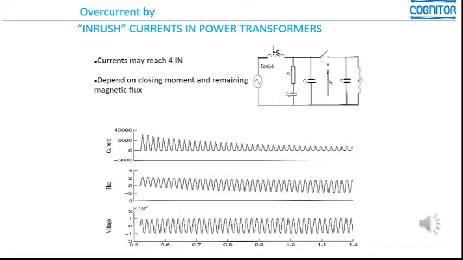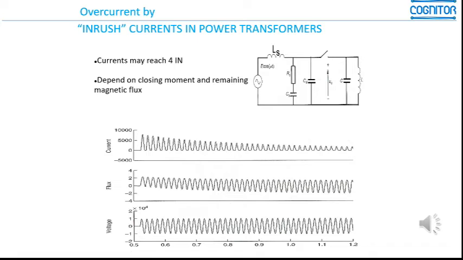In certain situations, when you open one circuit with one power transformer, the core may remain magnetized, and when you close the circuit again to put the transformer back in the circuit, with the secondary open and without load, you can have currents as high as 4 times the rated current of the circuit.